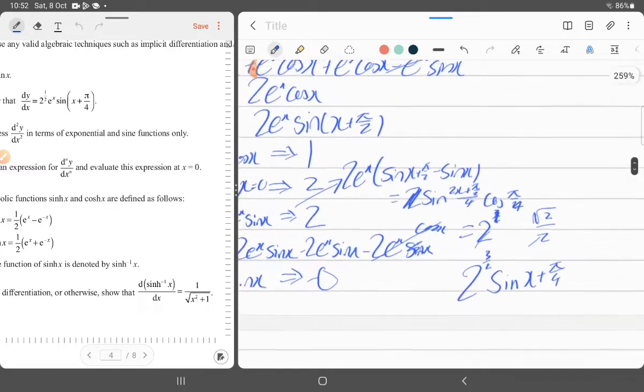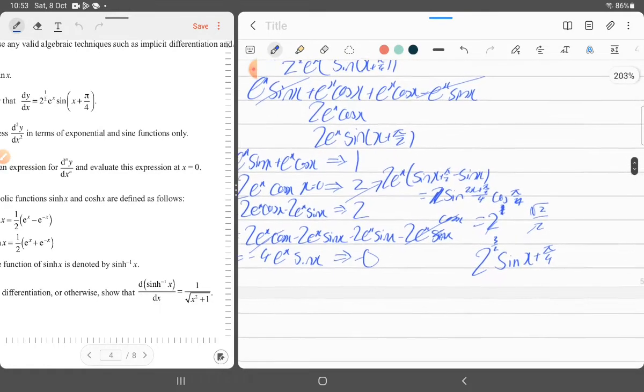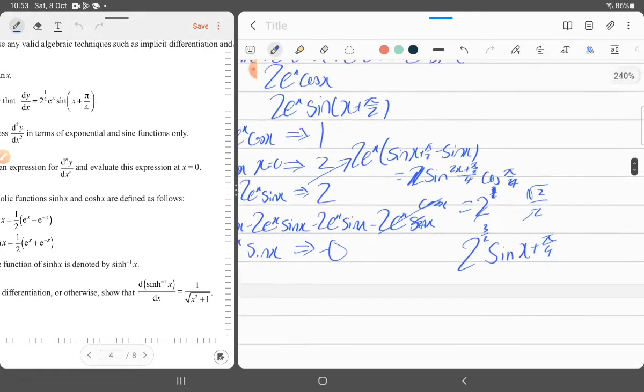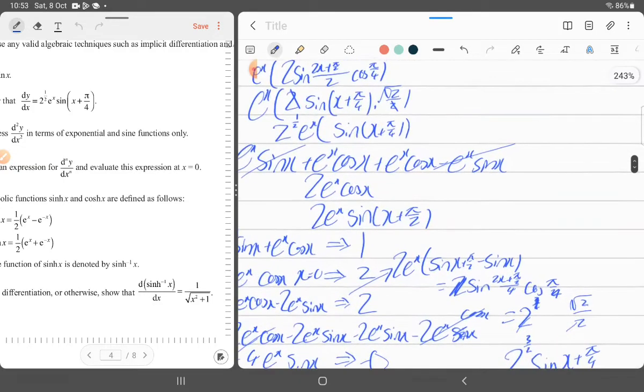Oh no, wait, does it just keep on alternating between pi? No, it actually increases. x plus pi over 4.